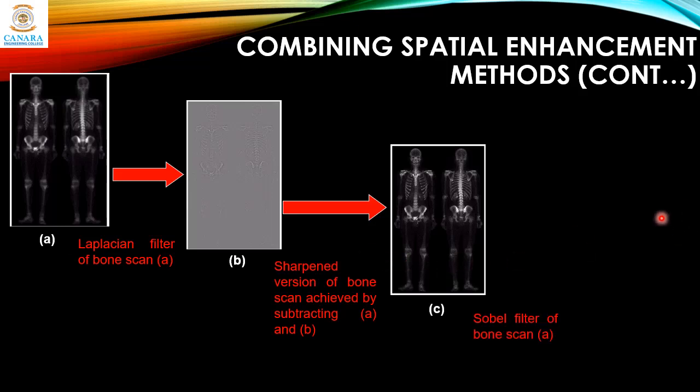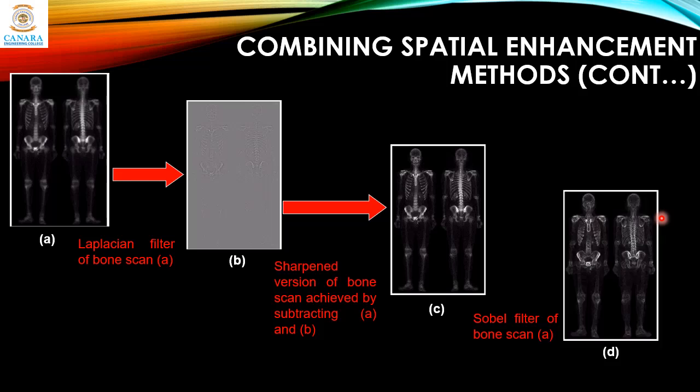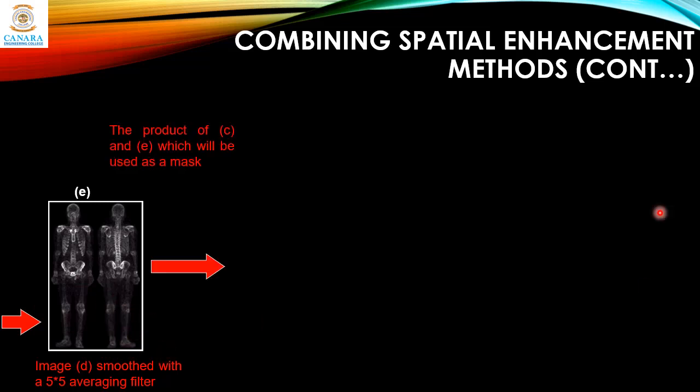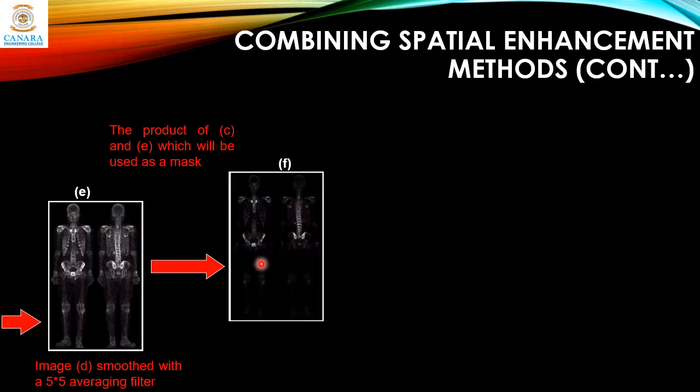Now if you take the Sobel filter of scan A here, then you get this output, which is a somewhat sharpened version of the input image. Now if you further smooth that Sobel filtered image, you get this image. And then if you multiply C with E, you will get this image.